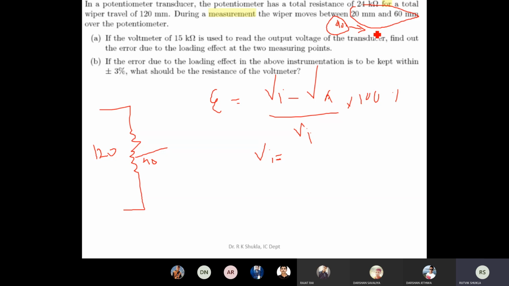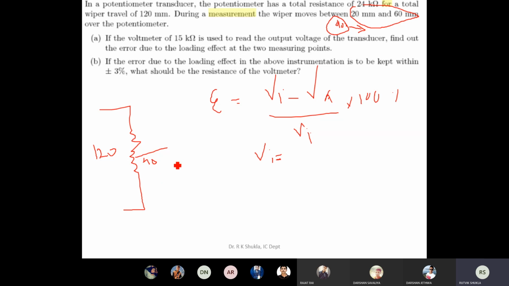This is the linear resistance, so whenever the net travel of the slider is 40 mm, on the entire potentiometer, you will get the same change in resistance. Now let's see how much it comes to here.